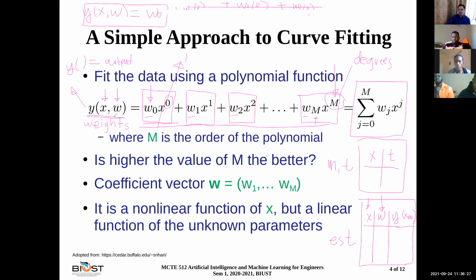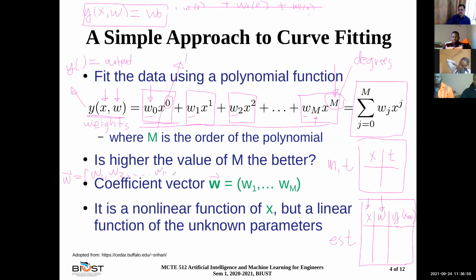This is scalar, but your w is a vector. W is normally written with a bar when you write it by hand, or in bold, to say that it is a vector, composed of w1, w2, and so on up to wm.